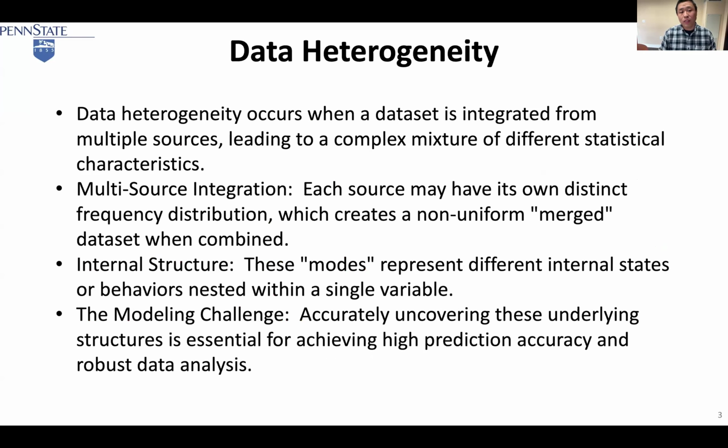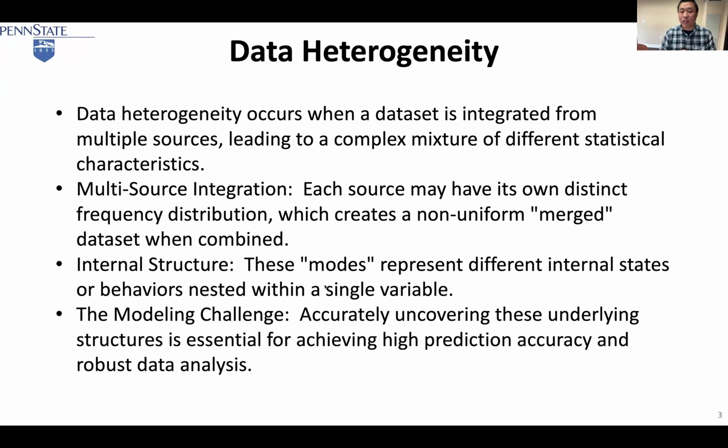So what is data heterogeneity? One of the most persistent challenges in current machine learning is data heterogeneity. In many applications, we collect data not from a single controlled experiment.